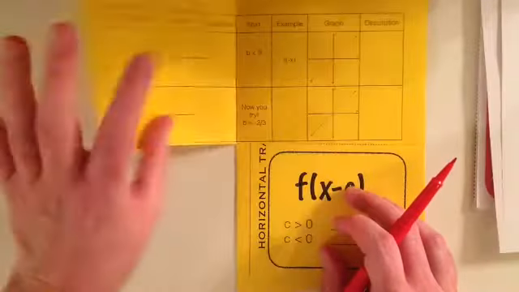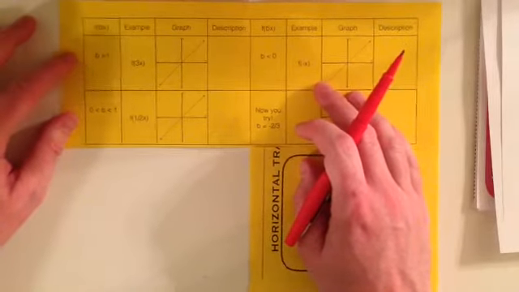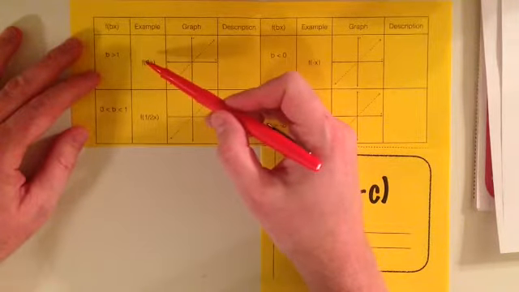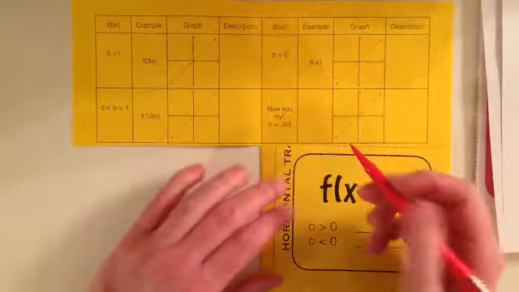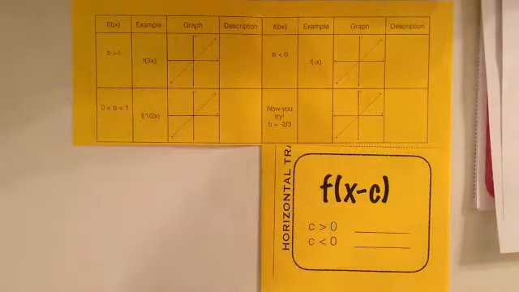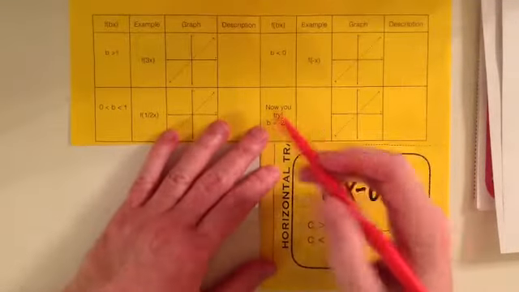So let's look at what's going to happen with some examples. We have b greater than 1. So I could say something like f of 3x instead of just f of x. That means it is a horizontal compression, which in this case means it gets closer to the y-axis.